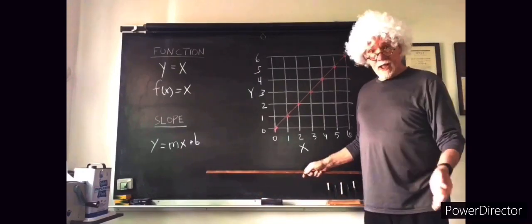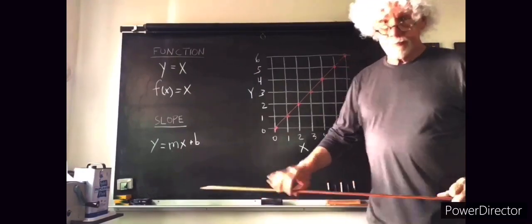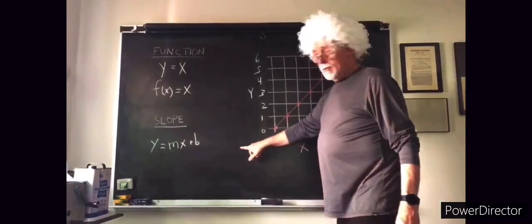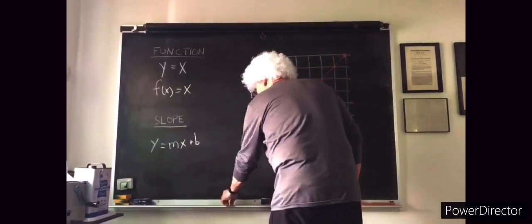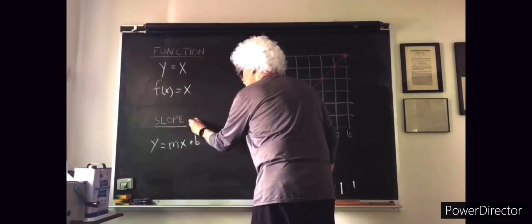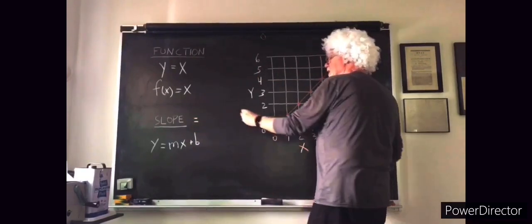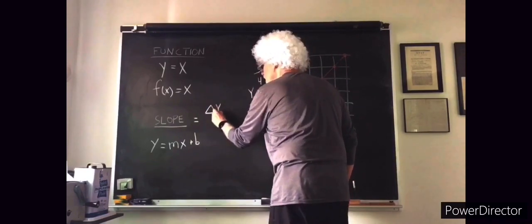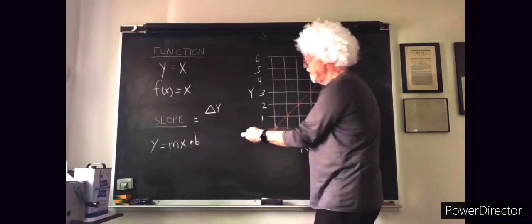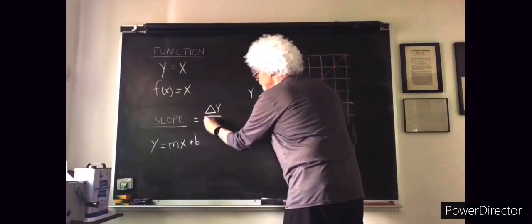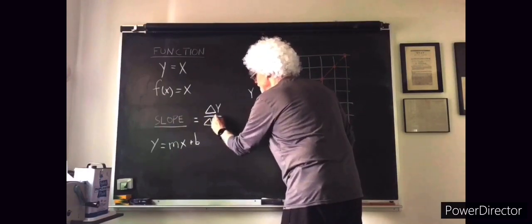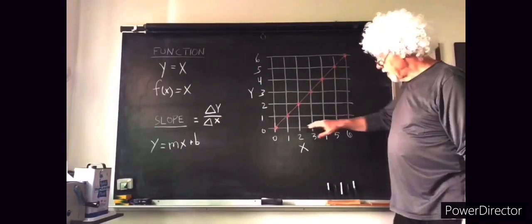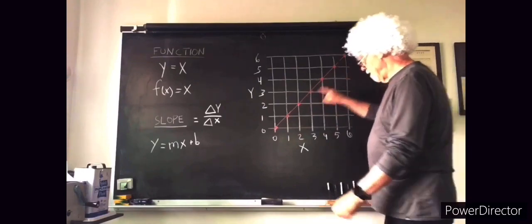Okay, now let's calculate its slope. Okay, slope is equal to the change in the y variable, delta stands for change, divided by the change in the x variable. So we're going to calculate the slope of that line.